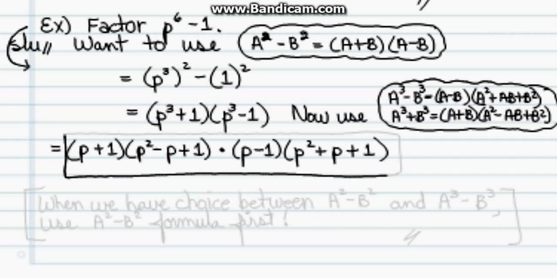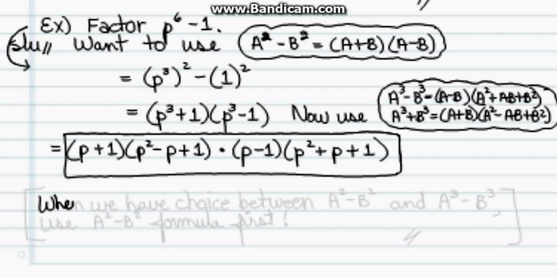See, let me just say something about this problem. We had a choice at the beginning. We could have rewritten this problem as the difference between two squares or the difference between two cubes. It turns out that it's easier if you do the difference between squares first.